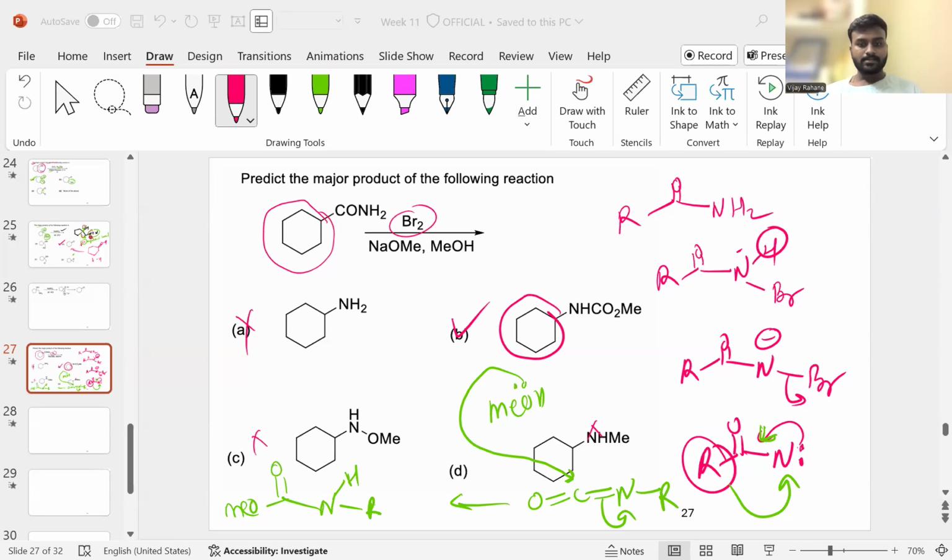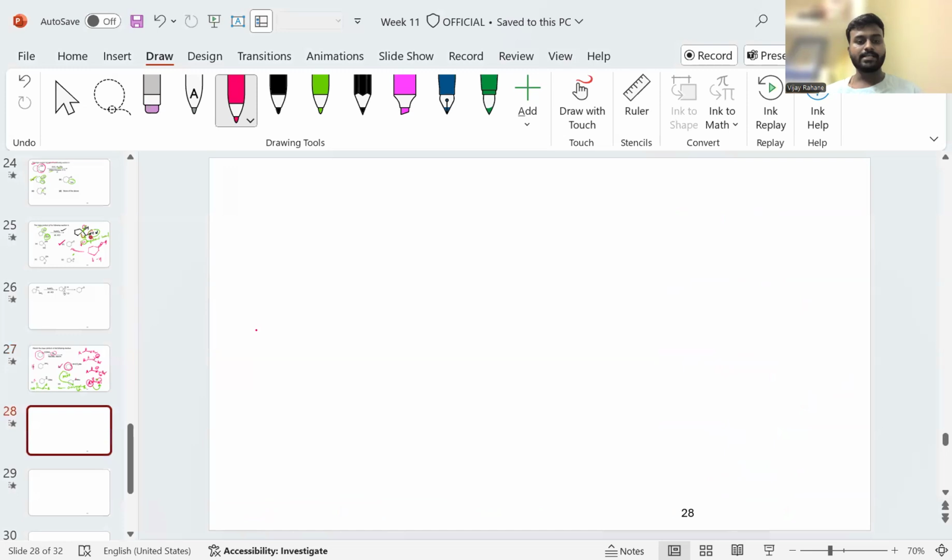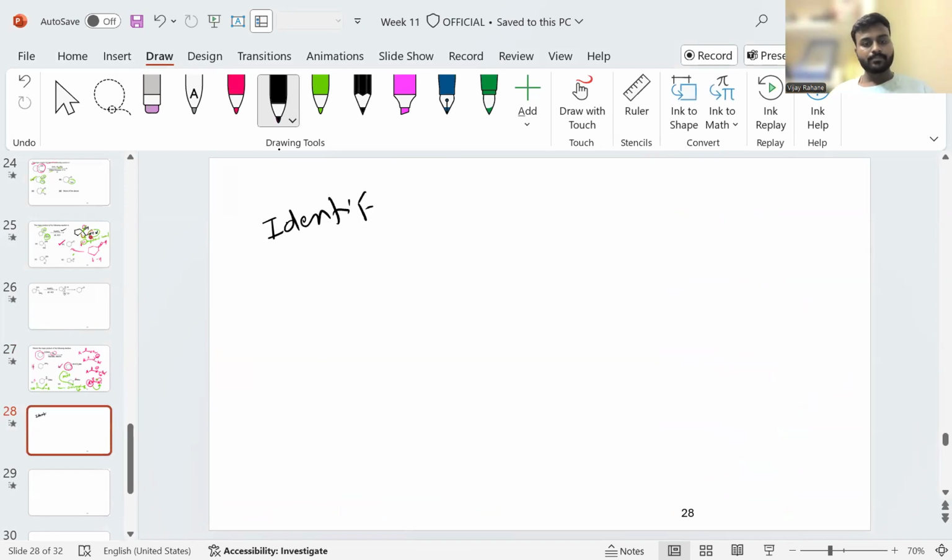This is the assignment for you. Identify all the rearrangement reactions and identify which intermediate is formed in each reaction.